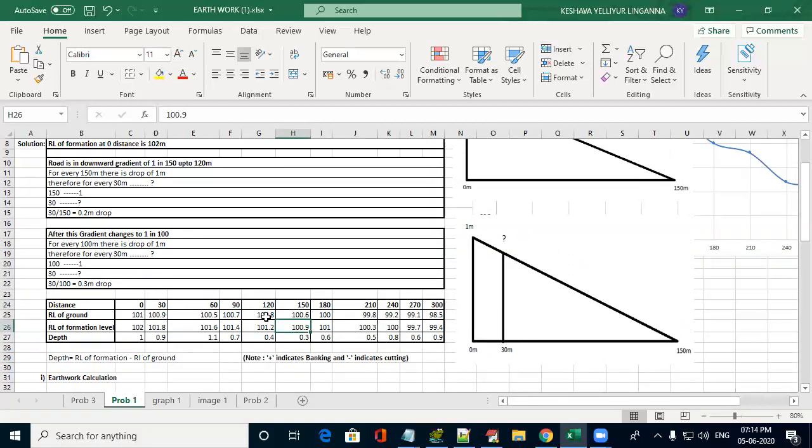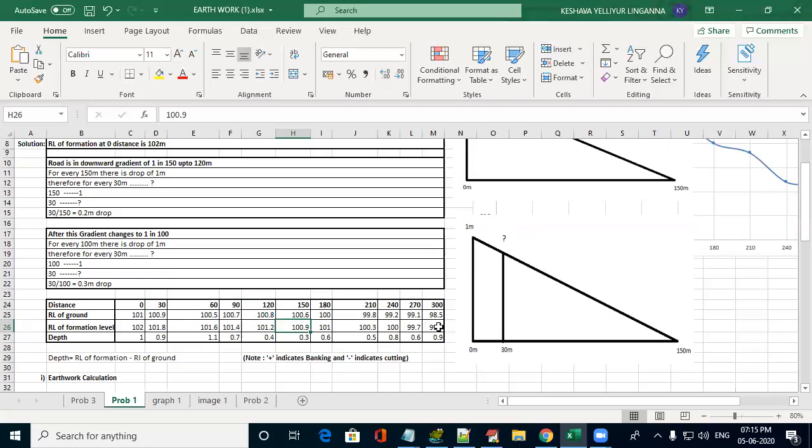Up to 120 meter, there should be 0.2, and afterwards the gradient should change. So there should be a difference of 0.3 between these two values: 101.2 minus 0.3 will give you 100.9.